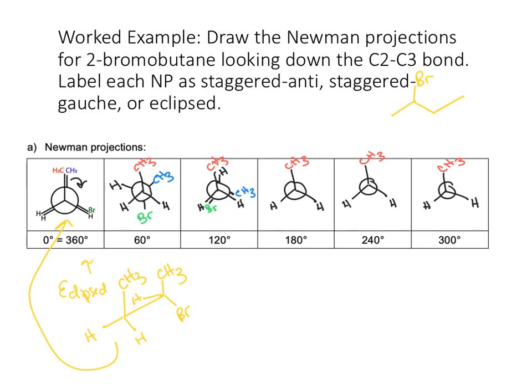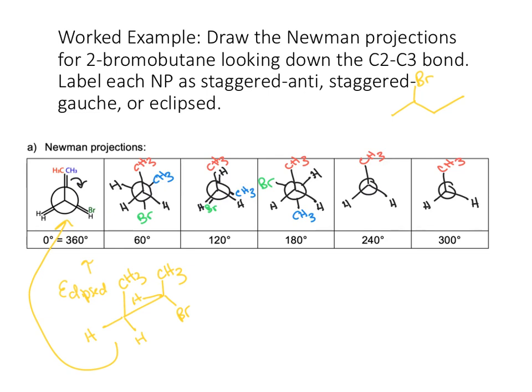Now we're going to go to a staggered conformer because we're always alternating between eclipsed and staggered. So now the methyl is going to be down here. The hydrogen will be over on the right, and the bromine will be up on the left.